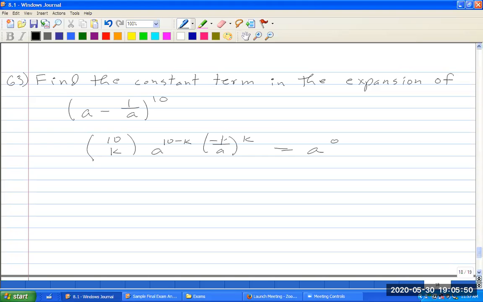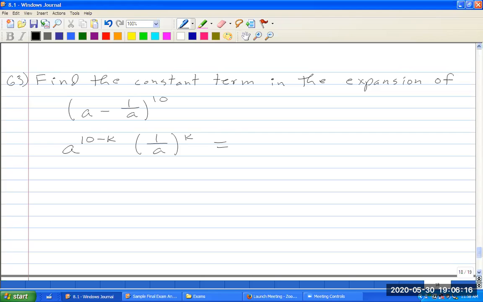So I don't care about any of the constants at this moment. Let me only worry about things involving variables. So it'll be a to the power 10 minus k, and I don't care about the negative, so 1 over a to the power k. I want that to eventually equal a to the 0. Figure out what k is.